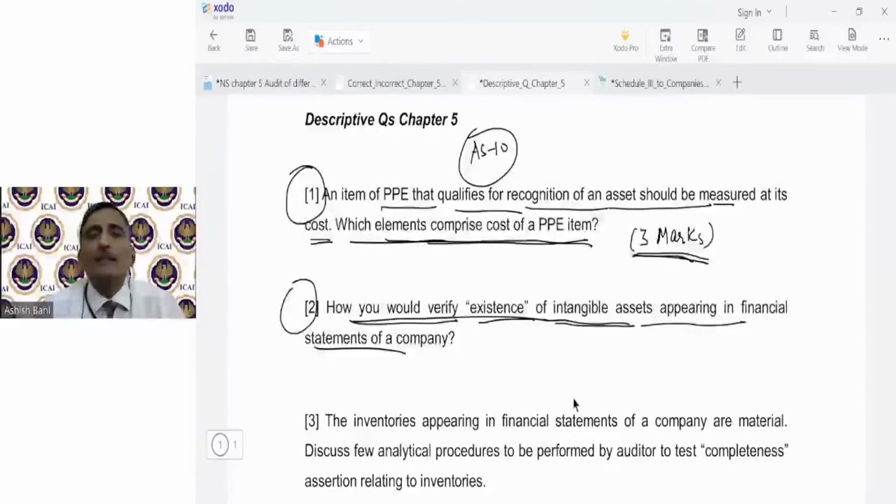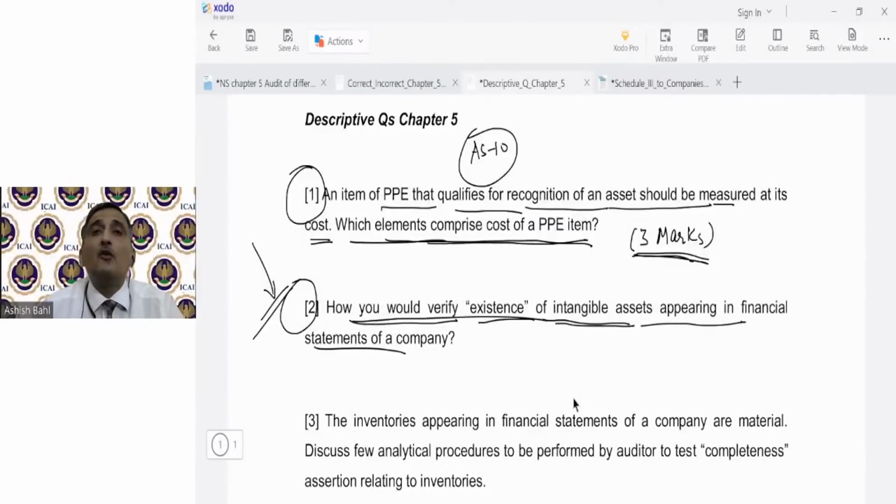Like, students, you are doing intangible assets. So how are you going to verify intangible assets? Because intangible assets do not have a physical existence, obviously you cannot write that I checked the process of its physical verification. No, that is not the case.